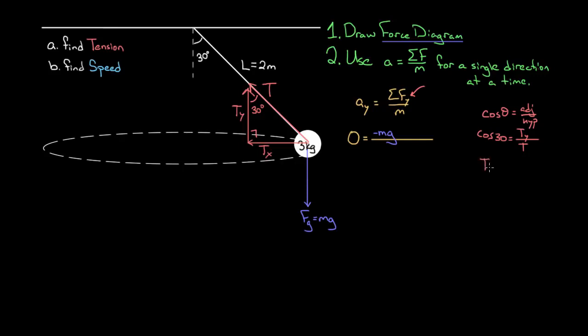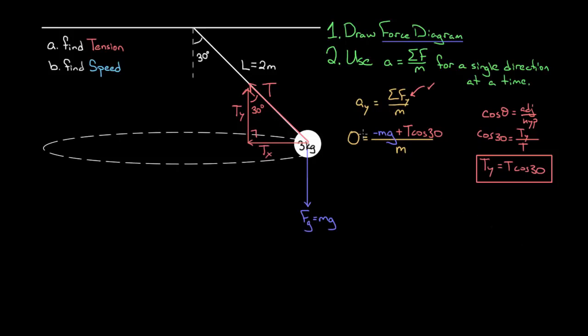If I multiply both sides by T, I get that Ty, the vertical component of the tension, is equal to the total tension times cosine of 30 degrees. This is the vertical component of the tension, and this is the force that I can plug into my vertical net force. So I'm going to add, because this points upward, T, the total tension, times cosine of 30. And then I have to divide by my mass. So I can solve this for T now. If I multiply both sides by m, m times 0 is going to be 0.